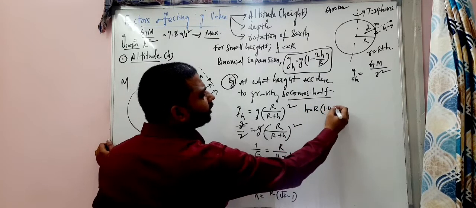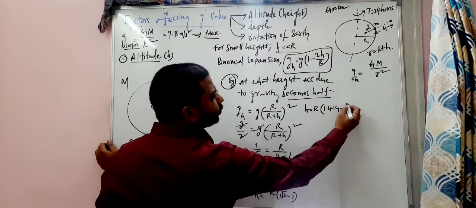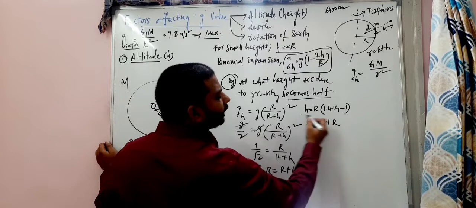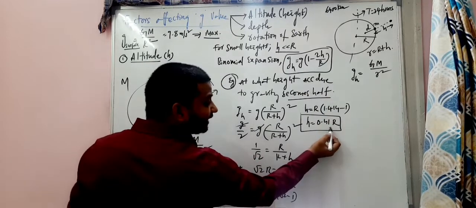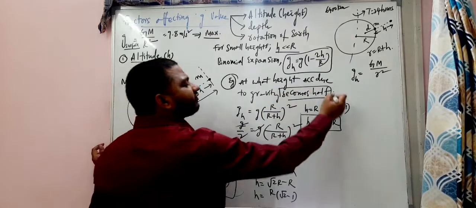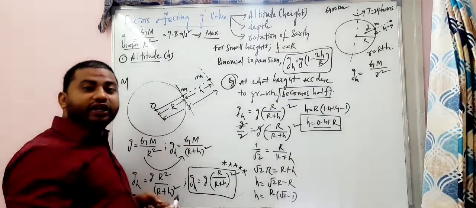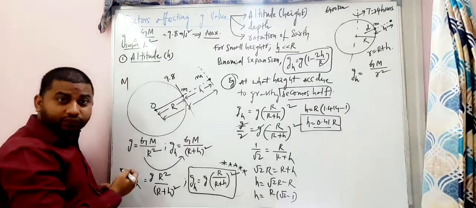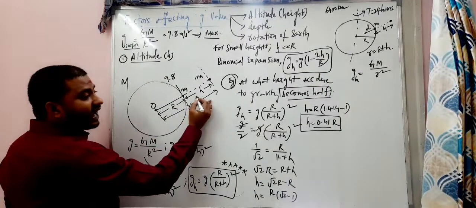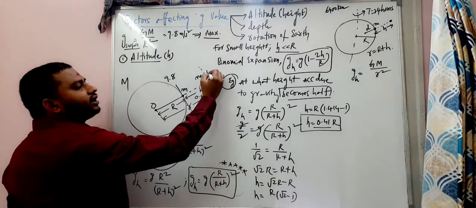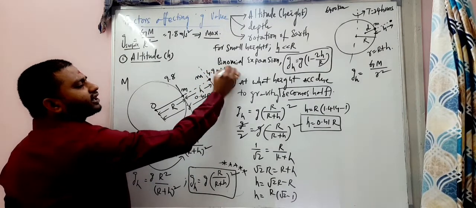Root 2 is 1.414 minus 1, so h is equal to 0.41 into r. So these are the questions. At this height, your acceleration due to gravity becomes half, my dear students. If on the surface it is 9.8, then at this height of 0.41 times r, it will be 4.9 meter per second square.